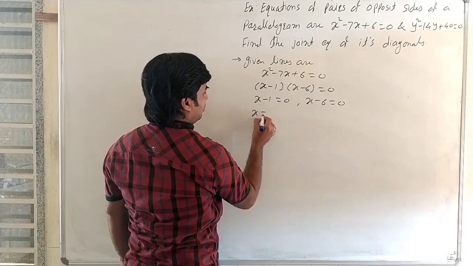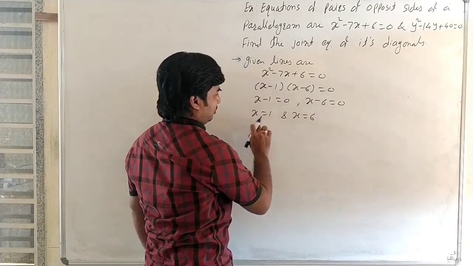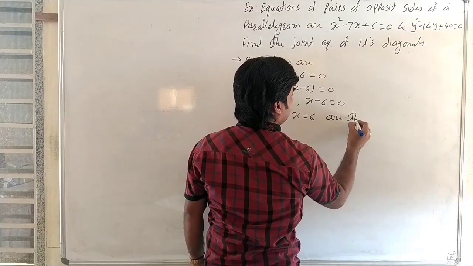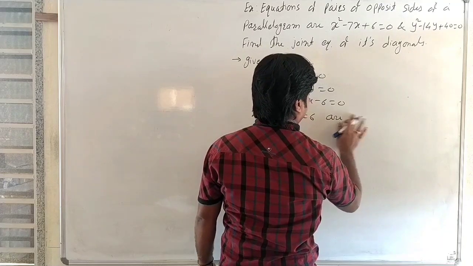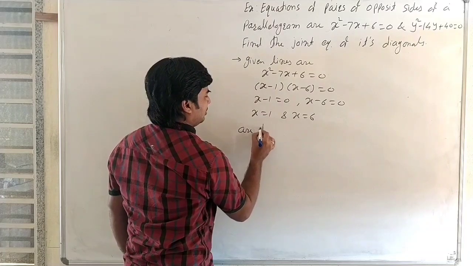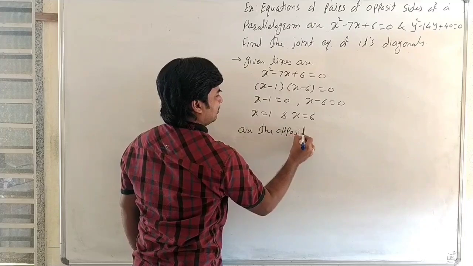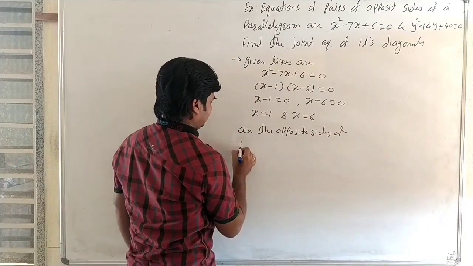Therefore x equal to 1 and x equal to 6. x equal to 1 and x is equal to 6 are the opposite sides of the parallelogram.